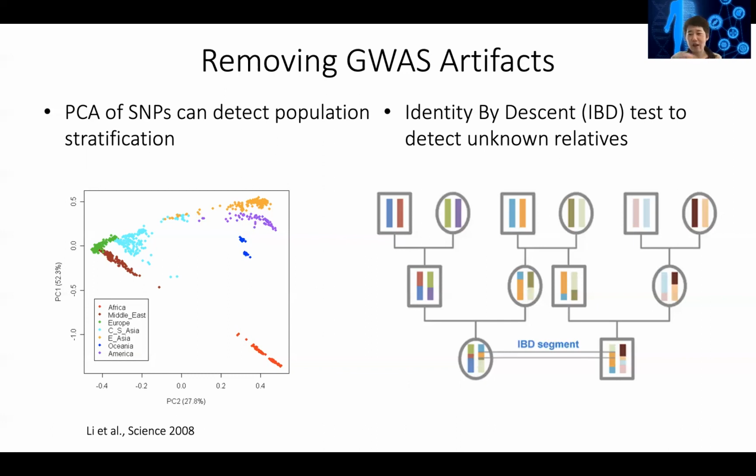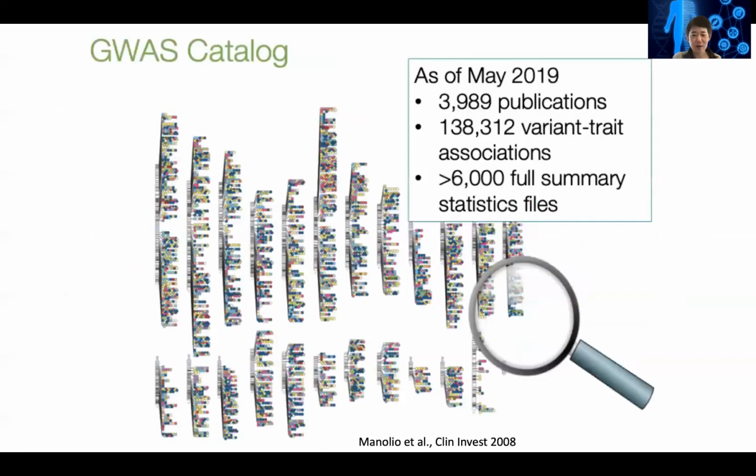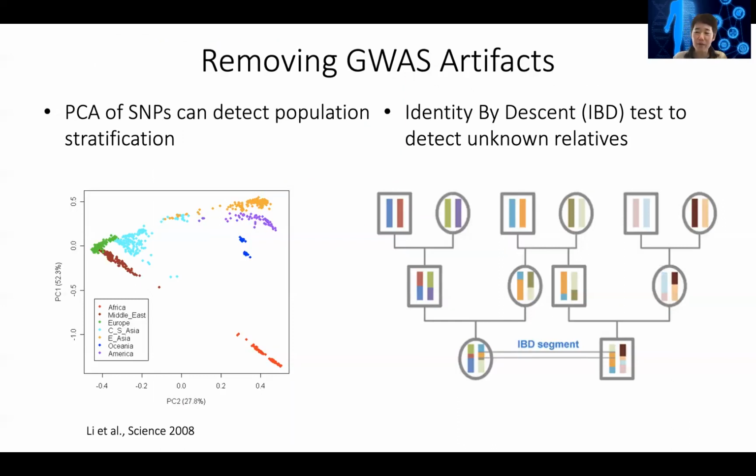If on the IBD test you see a lot of people from the same family, you might want to remove the siblings or cousins from the study. You really want a representative member from each unrelated family in your study.